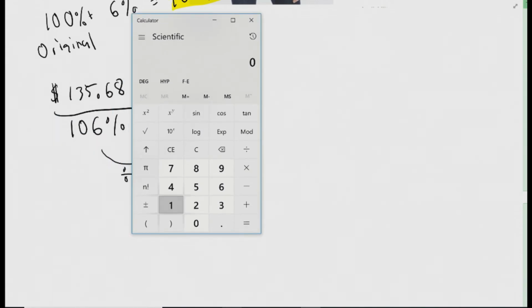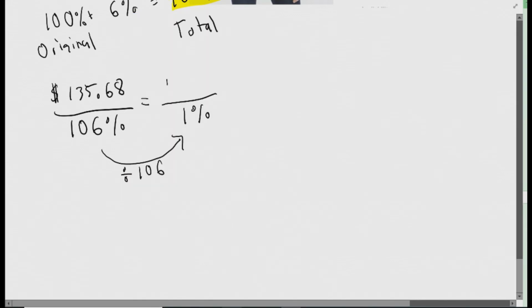So we have 135.68 divided by 106. So now we know $1.28 is equal to 1% of your original cost. And I will find the second step.